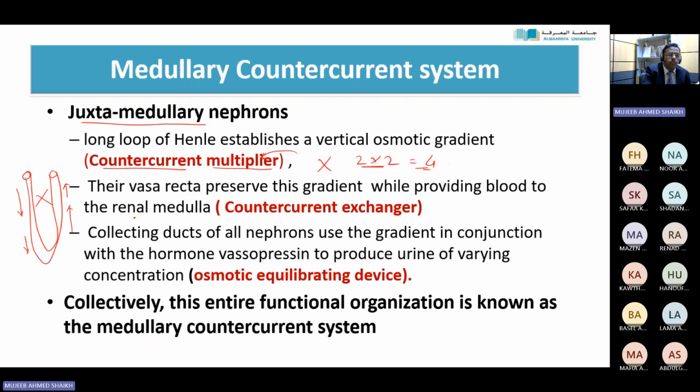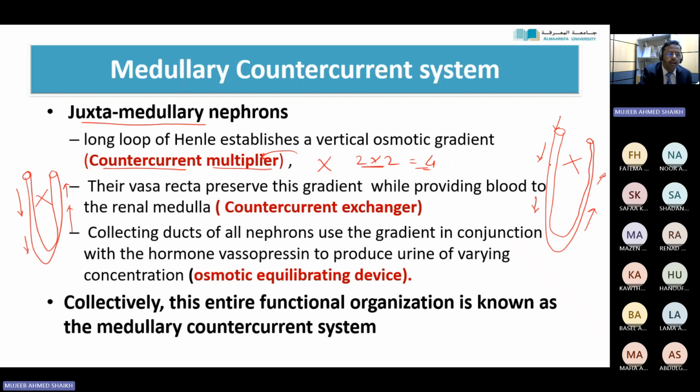The vasa recti of the juxtamedullary nephron is straight, and also has a loop. The blood flows down in this segment and up in the opposite segment. Both are opposite to each other. That's why it is called counter current.